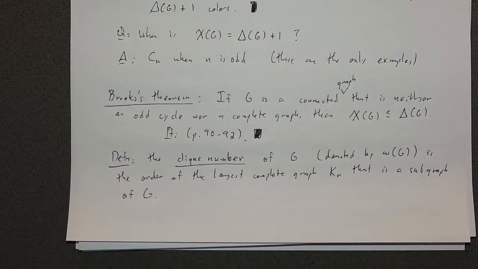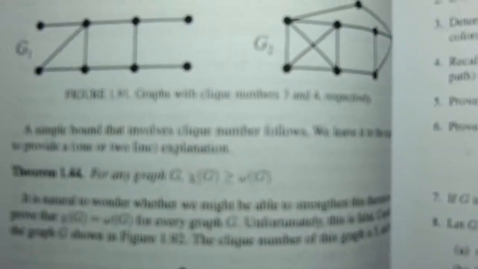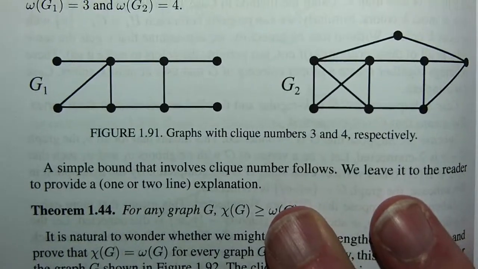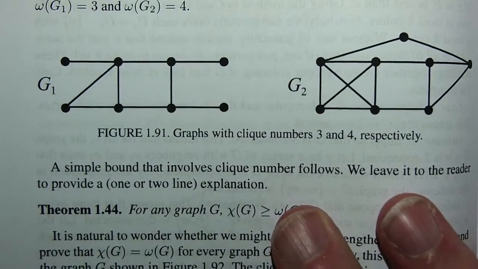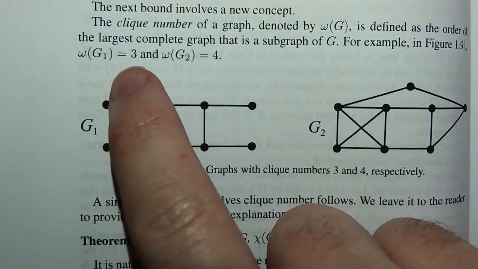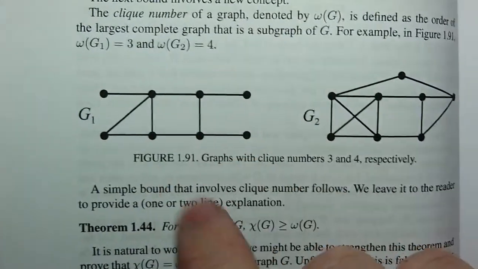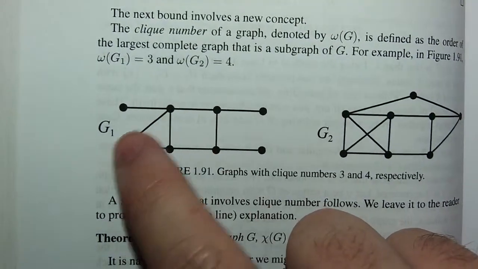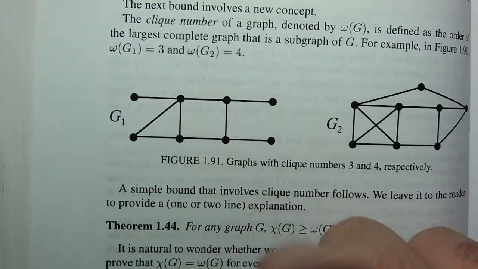Okay. So, for instance, very quickly, let's look at these two examples. The largest complete graph that is a subgraph of G1 is K3. Can you find it? It's that triangle there.